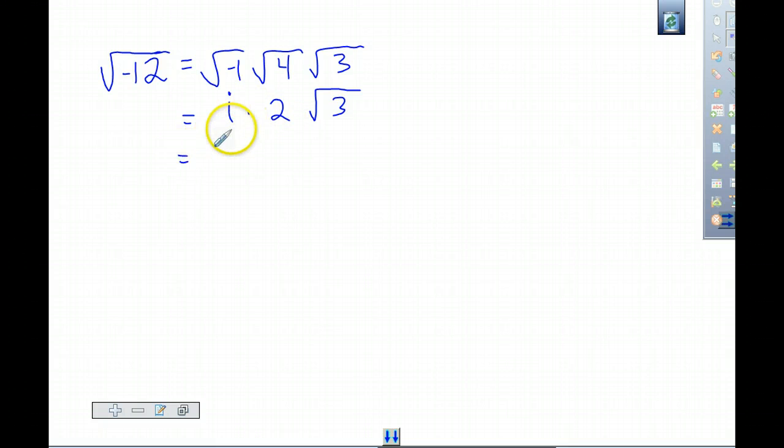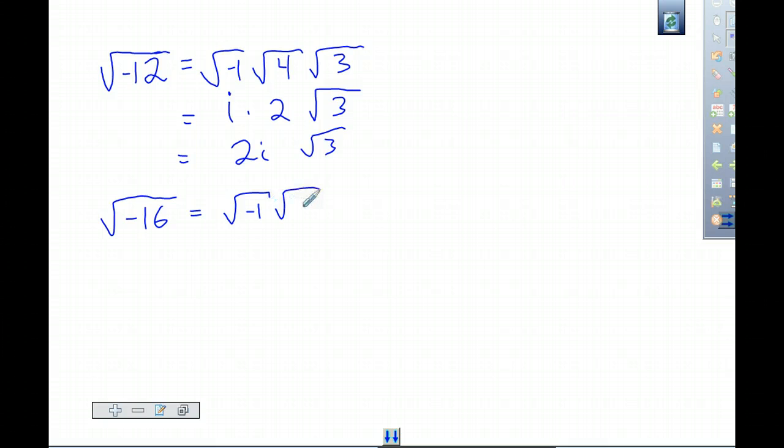And then of course, by the usual property, we don't write i times 2, we just write 2i. What would that look like for negative 16? 16 is an actual perfect square, so that's square root of negative 1 times the square root of 16, which is 4, so 4i.